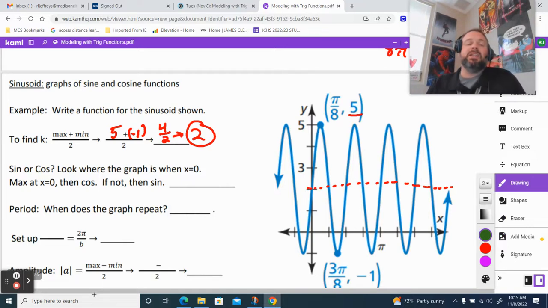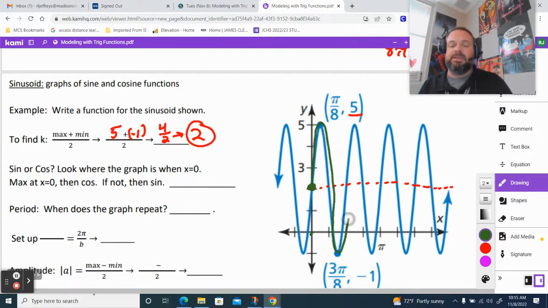So if it's sine or cosine, we look at the graph when x is 0. So x is 0 right here. Okay, this is the point right there. Is that at the max? No. So that basically means that this graph looks like this, which means it is, what shape does that make?